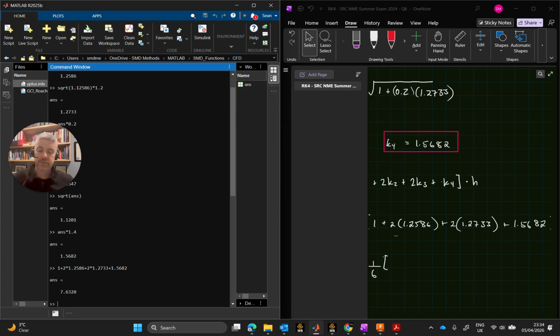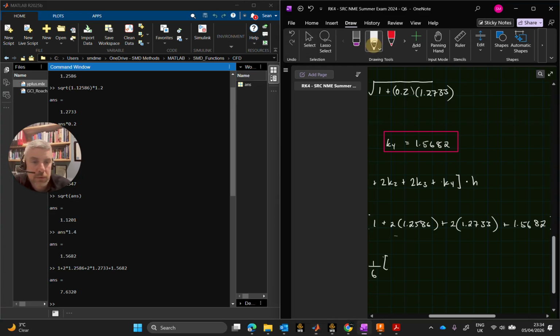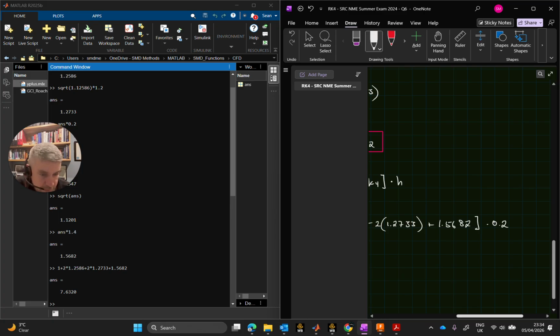That's 7.6320, multiplied of course by 0.2, which is my step size.